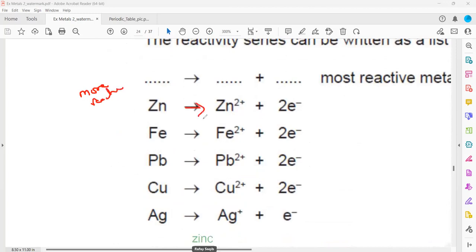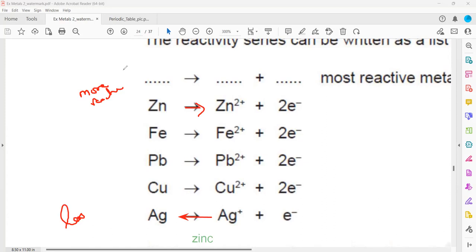The forward reaction is feasible. Like zinc can easily lose electron, turn into zinc ion. But if we have a less reactive metal, which reaction is feasible? The other way around. Because they are not highly reactive, their atom cannot lose electron, but their ions can gain their electron back and turn into an atom.